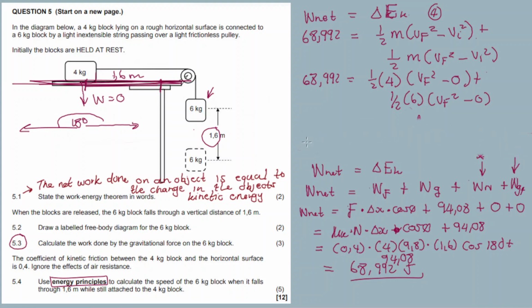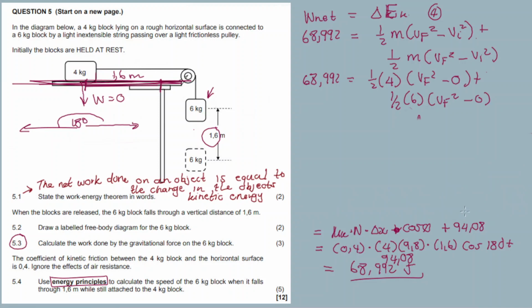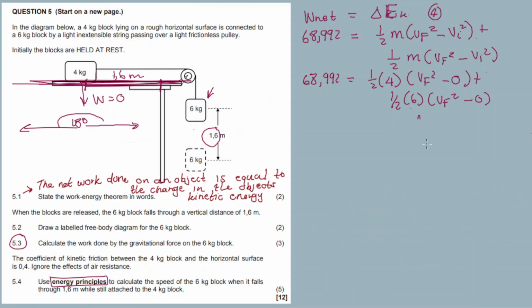Let me erase down here, then we continue. 68,992 is equal to half times 4 is 2 times vf squared minus 0, it's vf squared, and then here it's going to be 3.